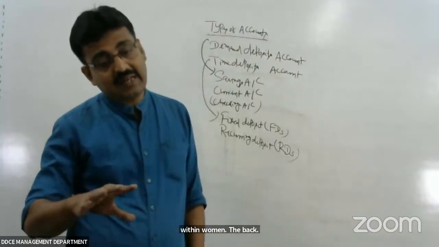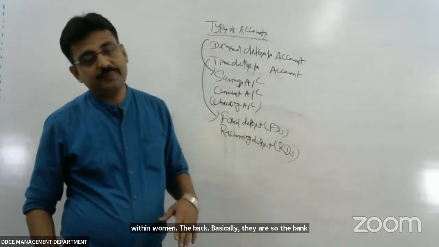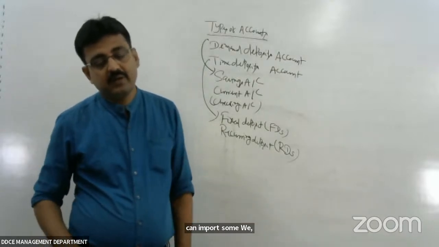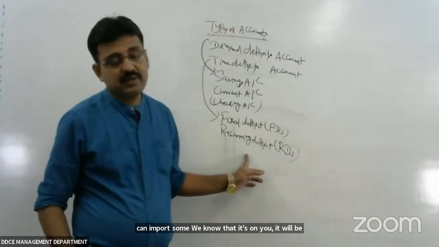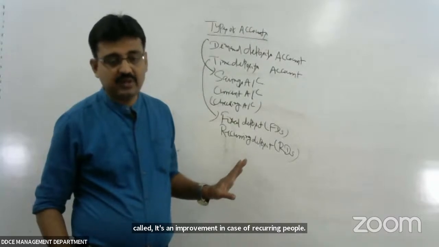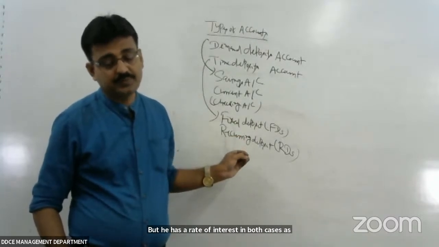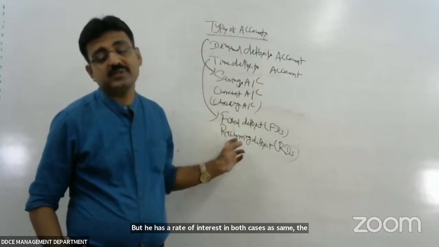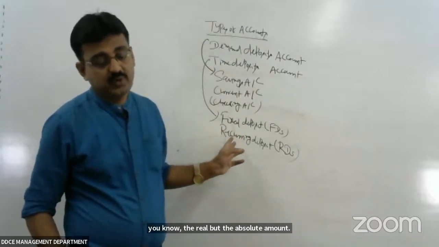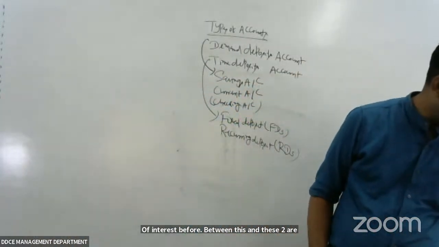That's why the bank can impose some penalties on you if you default on installment payment in case of recurring deposits. But here the rate of interest in both the cases is the same, the real rate of interest, but the absolute amount of interest differs a lot between these two. And these two are supposed to be the term deposit or time deposit accounts.